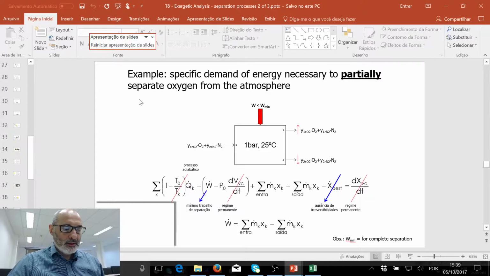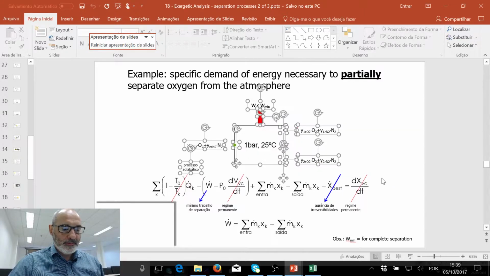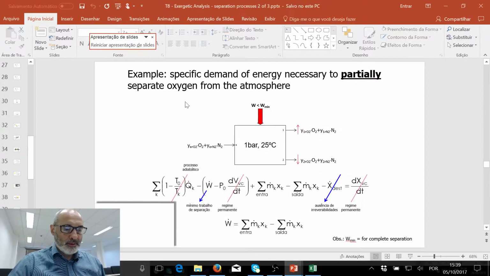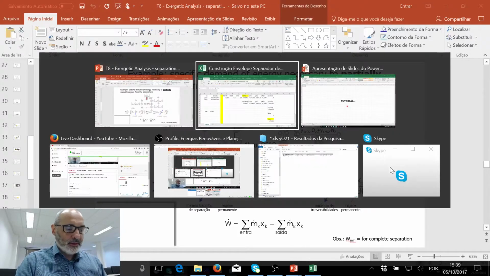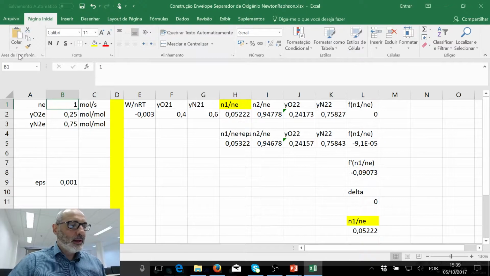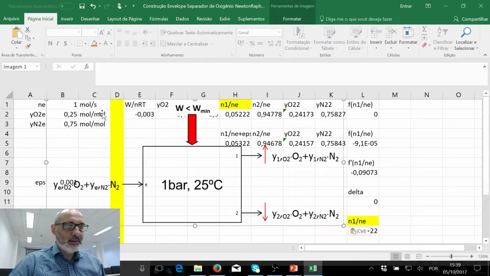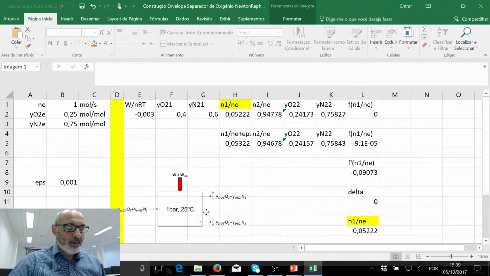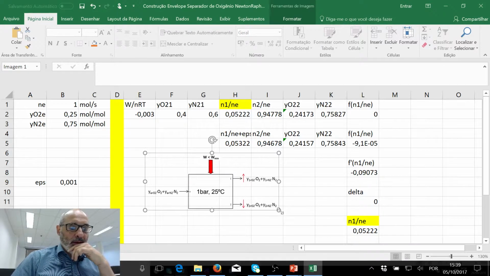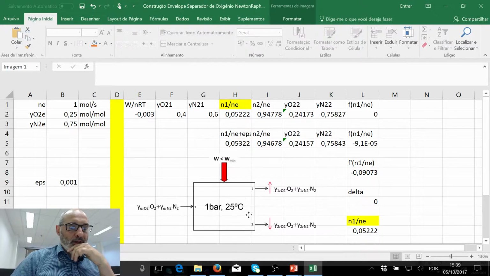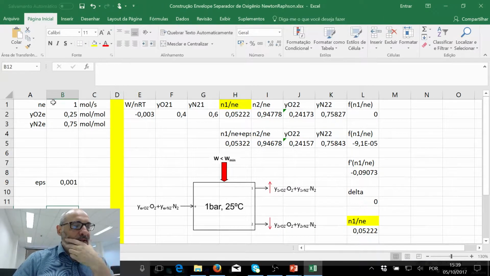Okay, let's get this picture here, because it's easier to follow like this. So I'm going to paste this picture here, and you can better understand. Okay, so this is our separation process, and these are our a priori known parameters.